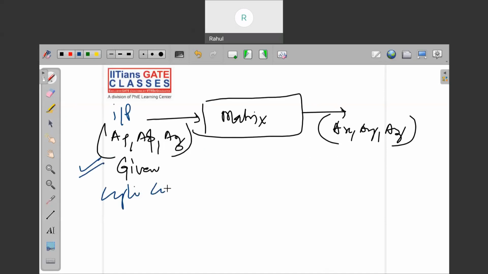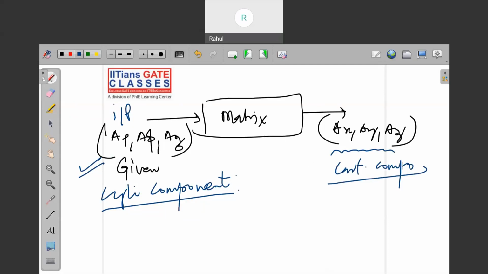Cylindrical component is given, and now if you give the input here, the matrix is going to convert it into the Cartesian component. And if the components are given, you can put the unit vectors and write the vector format.